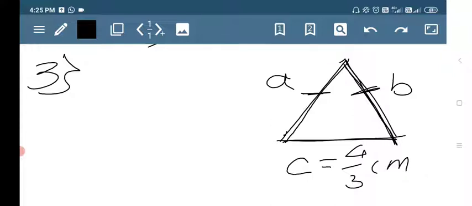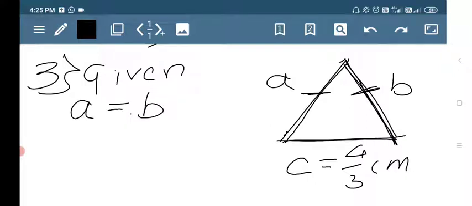Find the length of either of the remaining equal sides. Here the base is given, so let us take A and B as equal and C is equal to 4 by 3 centimeter.